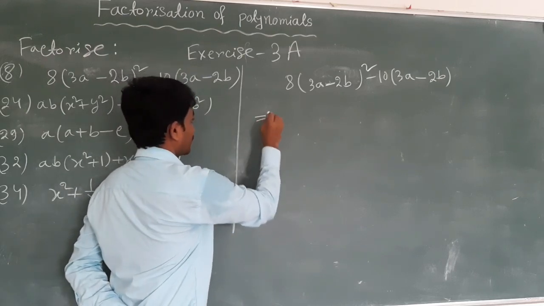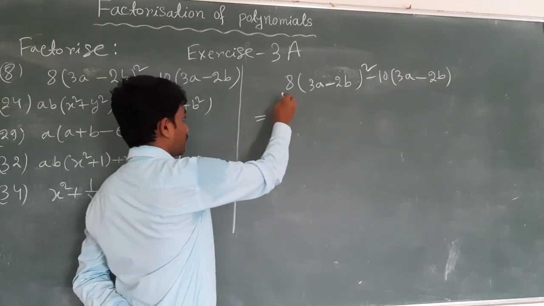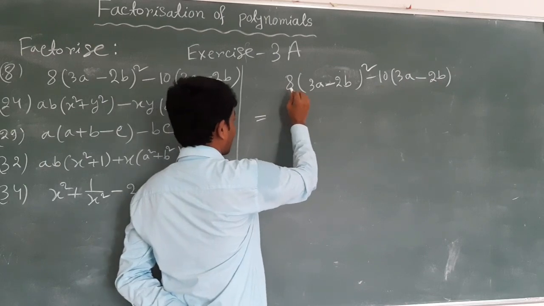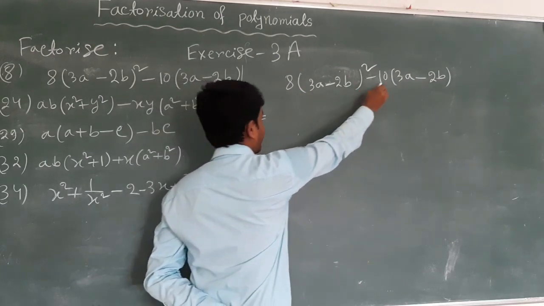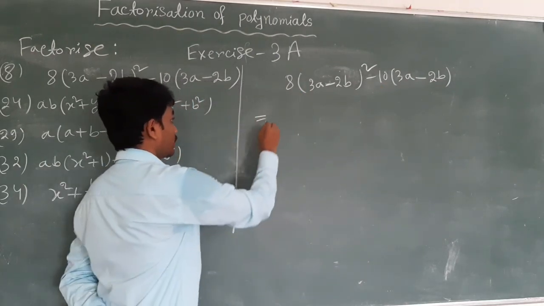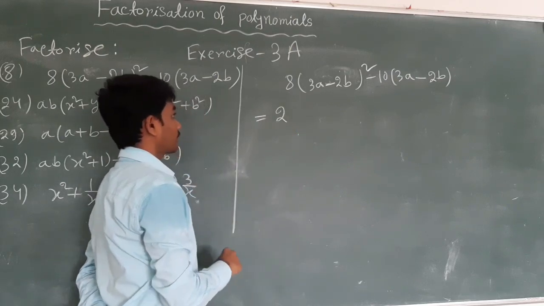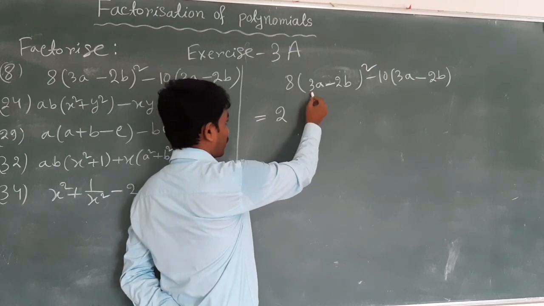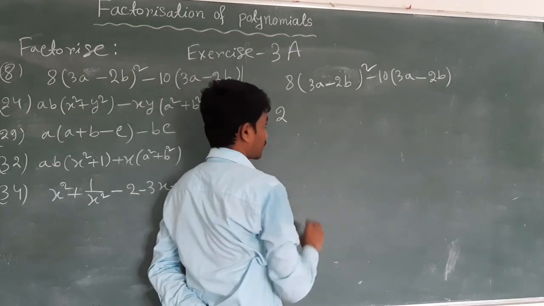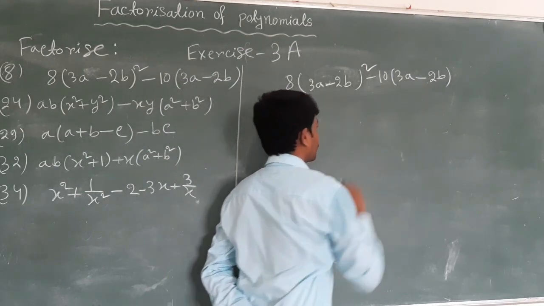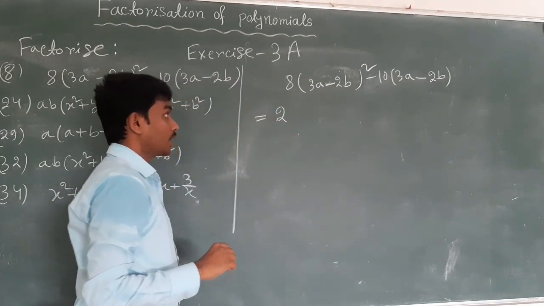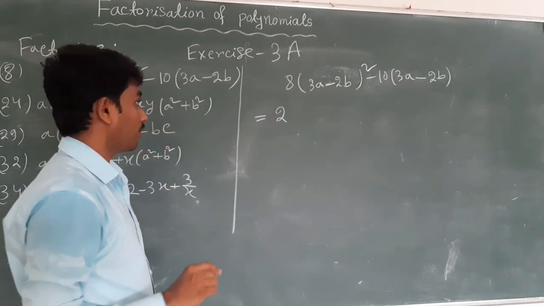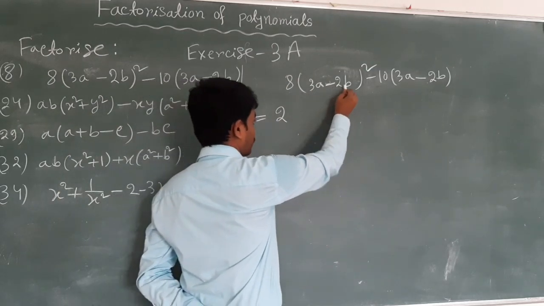So it is clear that the highest common factor of 8 and 10 will be 2, and the common factor of (3a minus 2b) whole square and (3a minus 2b) will be the lowest power of 3a minus 2b.